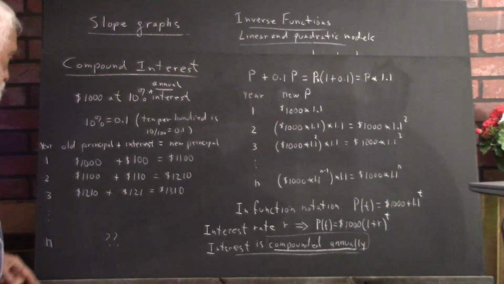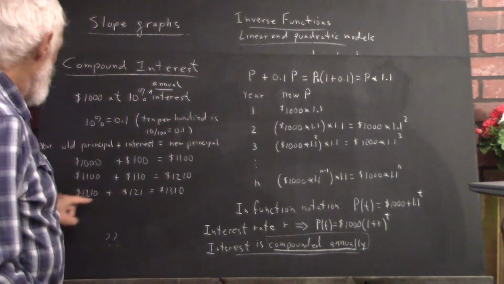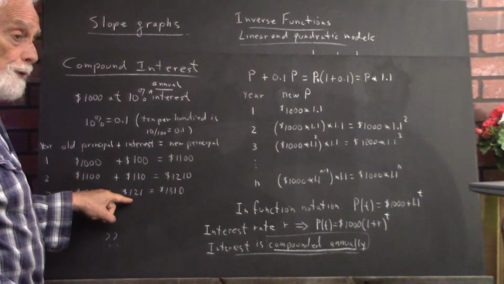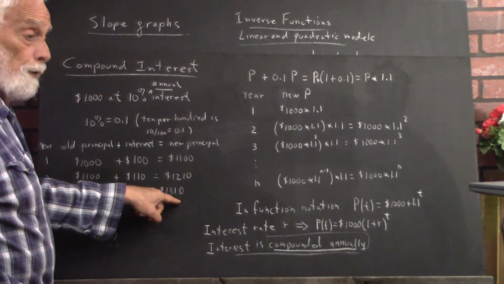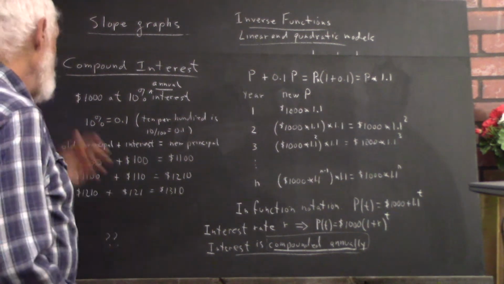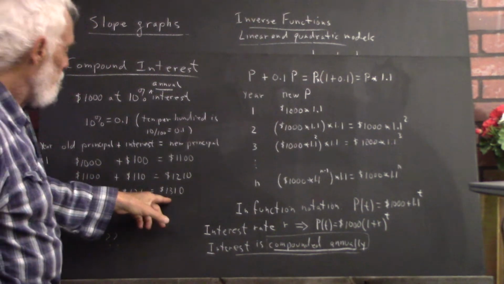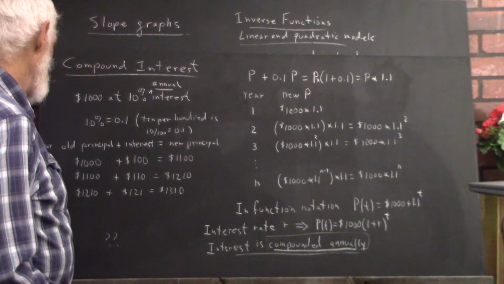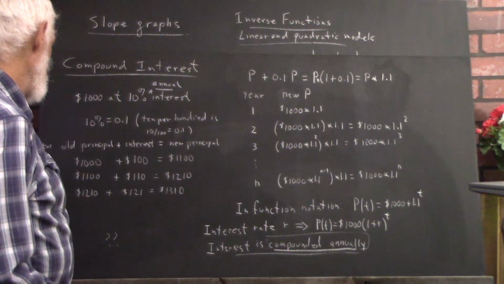You can add these very easily. And then $1,210 is your old principal. You add 10% of that, which is $121. You get $1,310. Next time, you're going to get $131. And you know what I did?